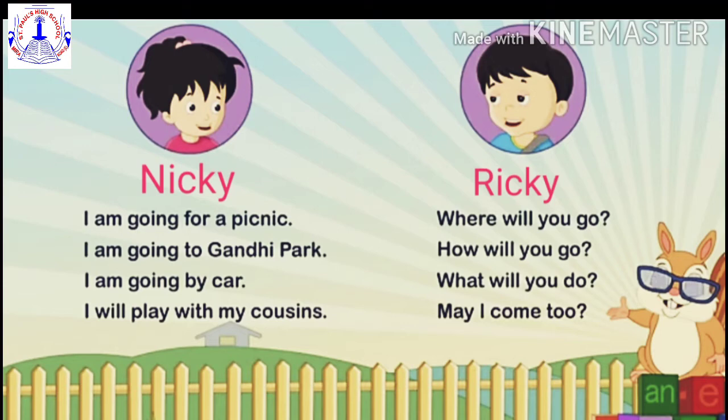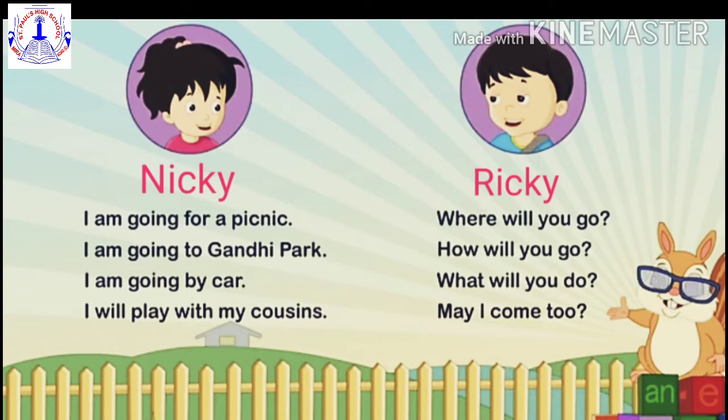Children, do you observe the difference between the sentences said by Nikki and the sentences said by Ricky? The sentences said by Nikki are telling sentences, where she is telling Ricky about her plans. The sentences said by Ricky are asking sentences, as Ricky is asking Nikki about her plans.